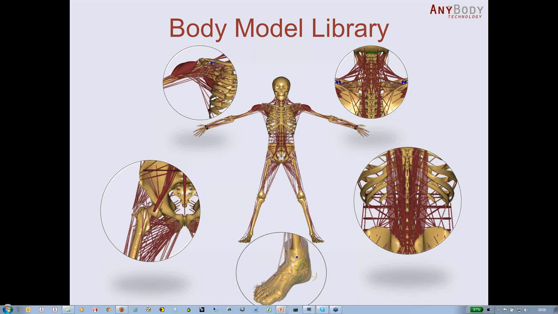The bones are modeled as a rigid body. Muscles act as sophisticated actuators pulling on these bones, and ligaments are modeled as nonlinear springs. The basic flow is simple. AnyBody takes in motion and external forces as input, sets up the equilibrium equation, and finds the individual muscle forces needed to create this motion.